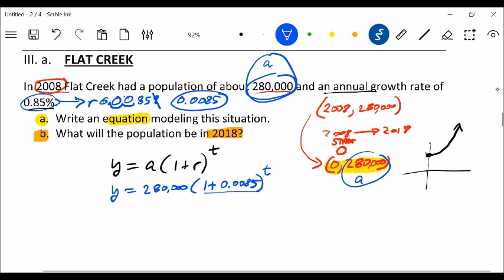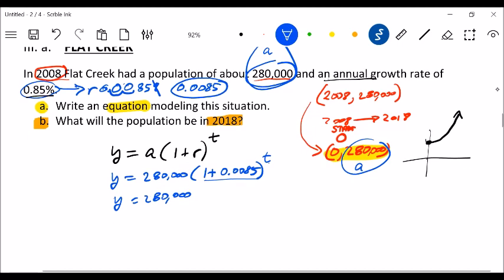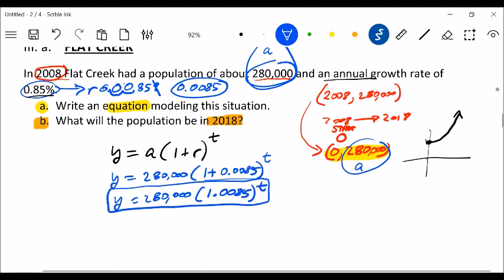Let's continue to simplify this one. Y equals 280,000 times 1.0085 to the T. That's the equation. Whenever possible, add those together. There are some times where it's actually easier to keep it separate. We'll go through one of those with the compounding interest ones. So that is A.